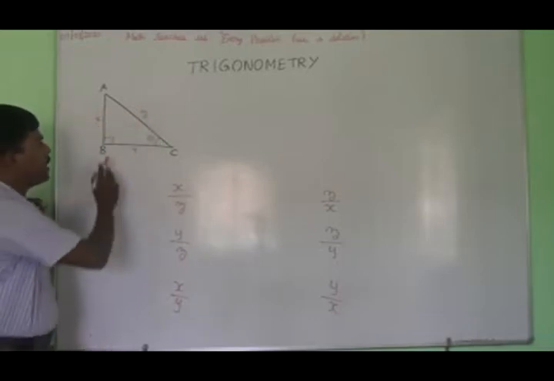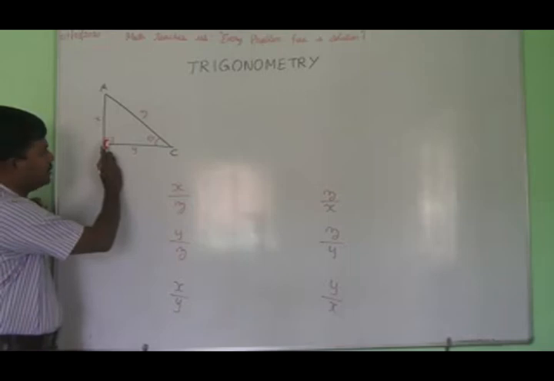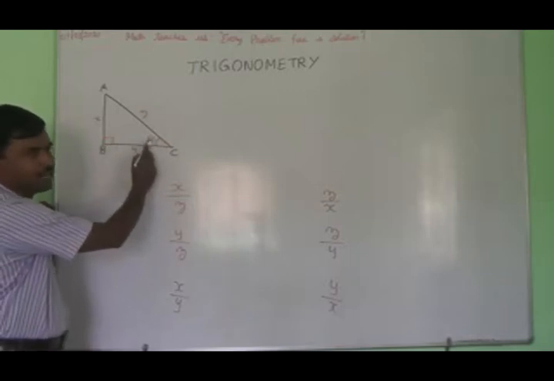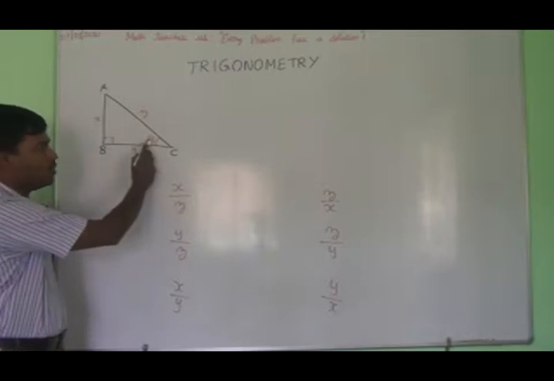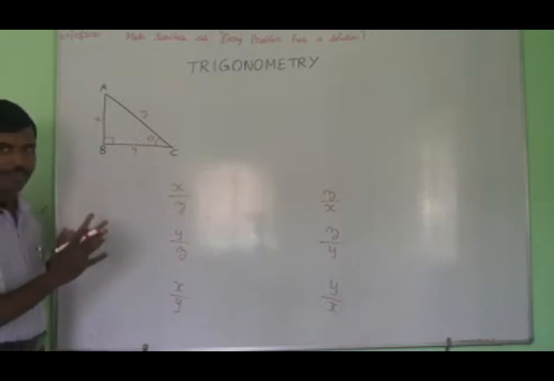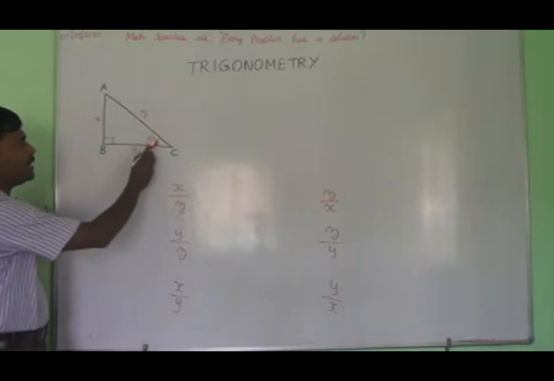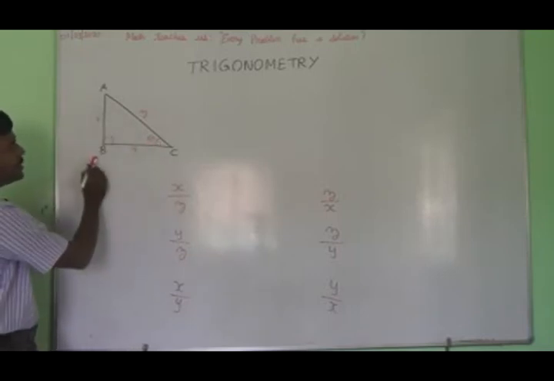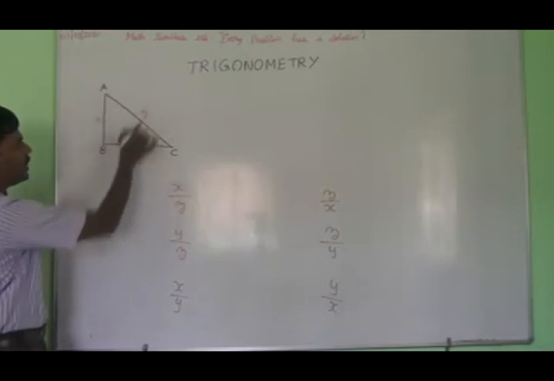Here the angle B is right angled, and let us say angle C is theta. As you all know, theta is a Greek letter and it is usually used to represent angles in mathematics. Now this angle is theta, and there are three sides in this triangle: AB, BC and CA.